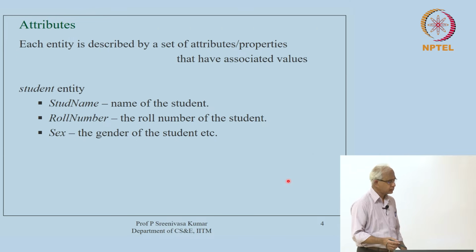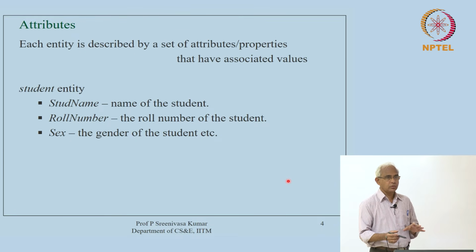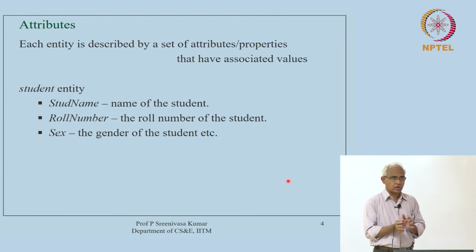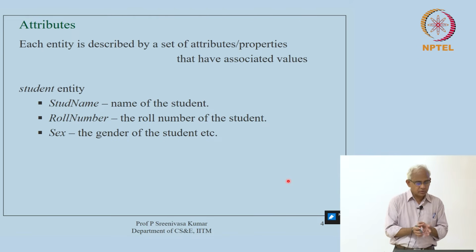Now, the concept of attributes is used in order to capture the associated information for an entity. In fact, not only for entities, even for these what are called relationships, there is some associated information, and we will use the concept of an attribute to capture this associated information.